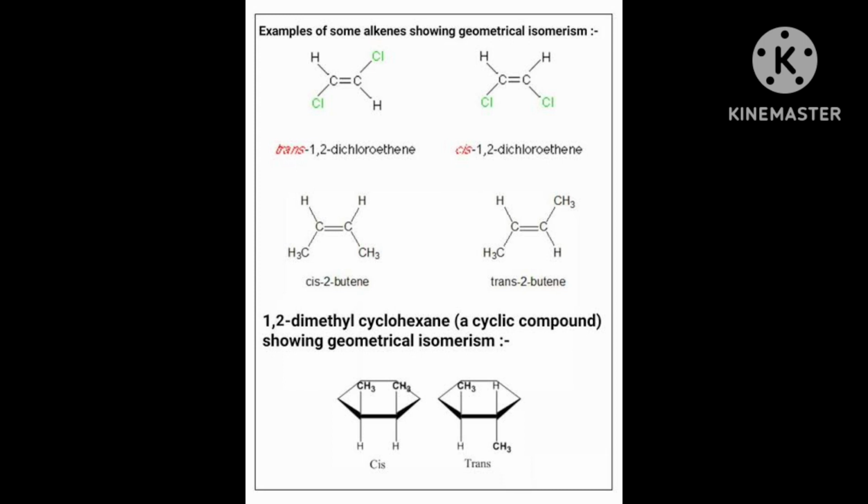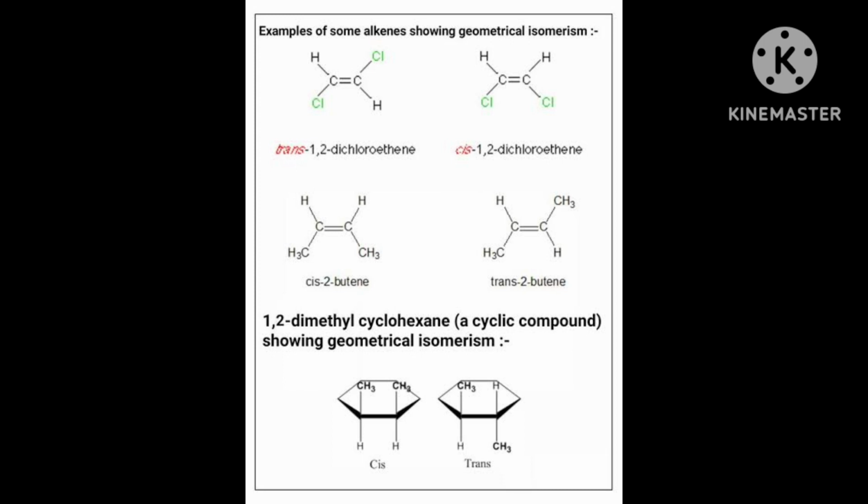Both are metamers, and the phenomenon is called metamerism. Keep in mind the example is C4H10O. The molecular formula for both compounds is the same, but they have different alkyl groups in both isomers.